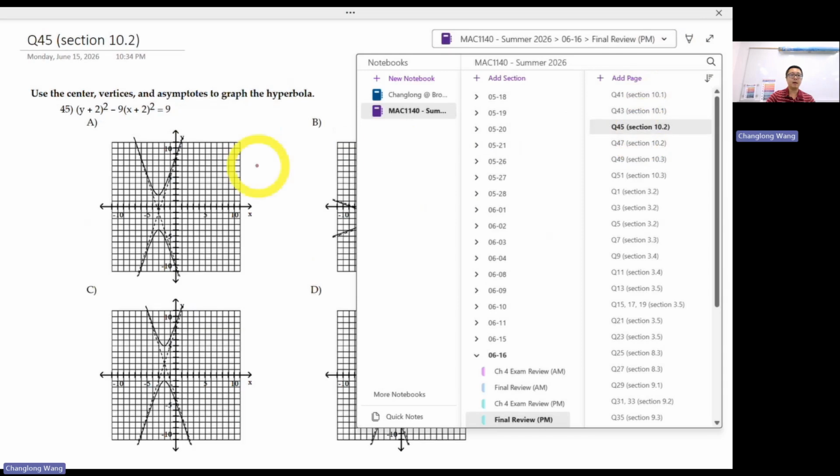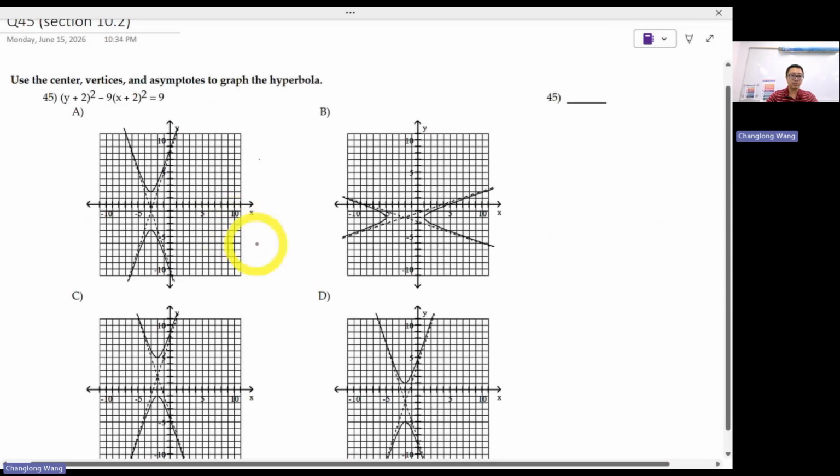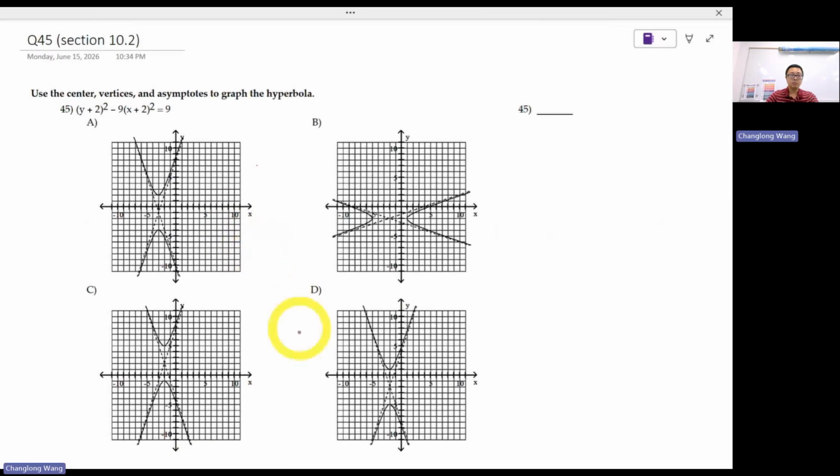Now let's take a look at 45. Now the hyperbola. So the only non-intuitive part for hyperbola is the standard form, right? Because you have a minus sign, and therefore the A's and B's are a bit different than what you normally think. But anyway, you're still going to rewrite it. Make sure that you're able to find what A's and B's are.